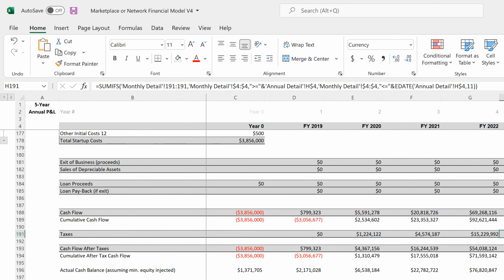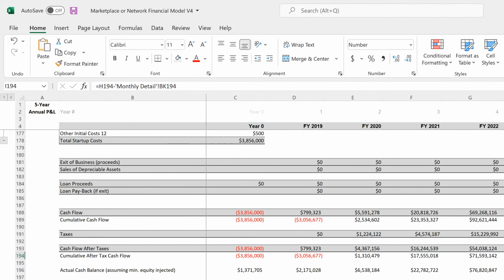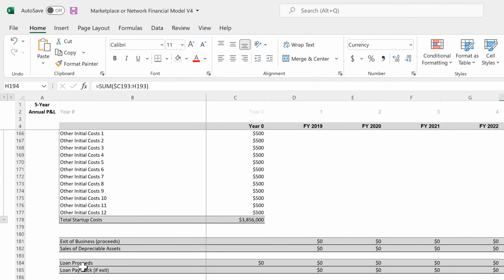Okay, wait, we don't match here though, hold on. So cumulative tax after cash flow after tax should match, and it doesn't. So this minus this should be 0, so it's not. There's an error. And let's see, what could that be? So, oh, did I not add CapEx here?